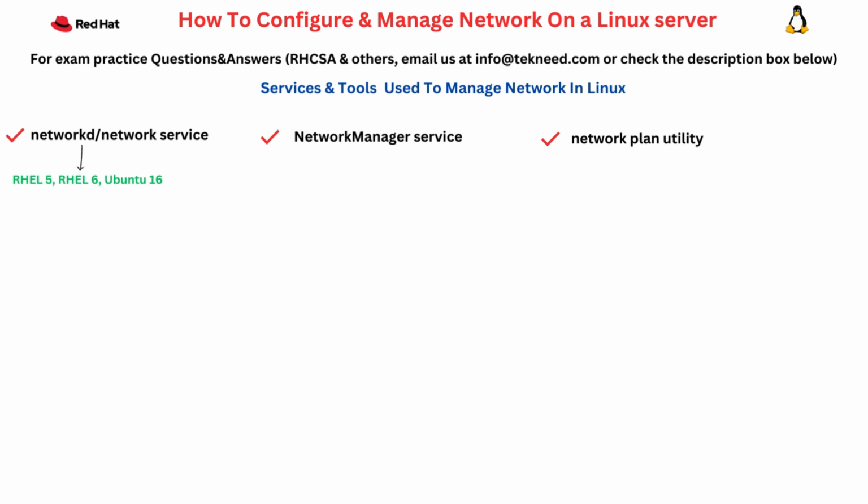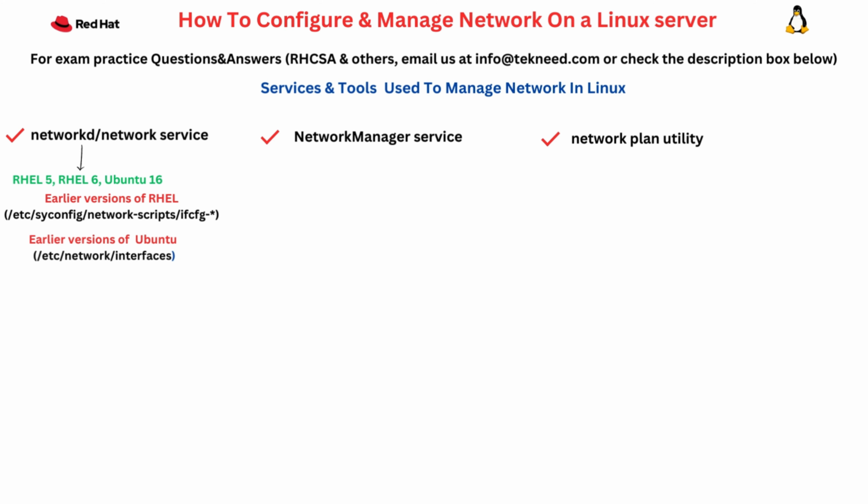For example, the network configuration file for network D in the earlier versions of Red Hat is in /etc/sysconfig/network-scripts, while that for the earlier version of Ubuntu for the network D service is in /etc/network/interfaces.